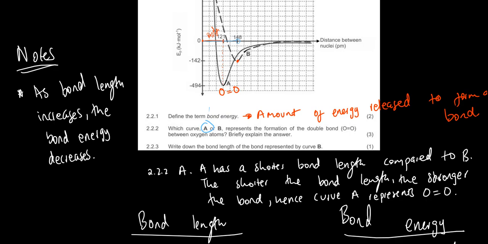So meaning the longer the bond length, the lesser the amount of energy that is released, meaning the lesser the bond energy.